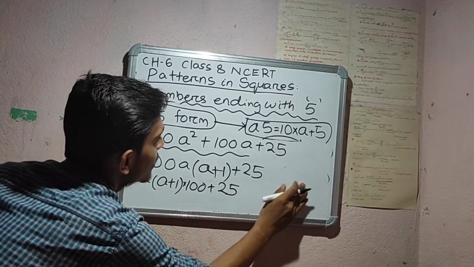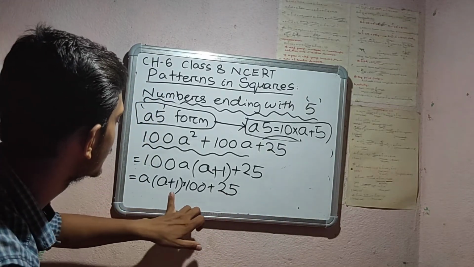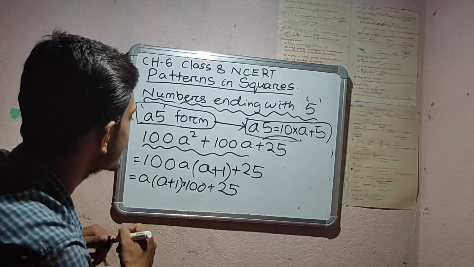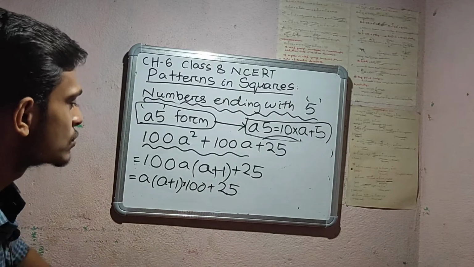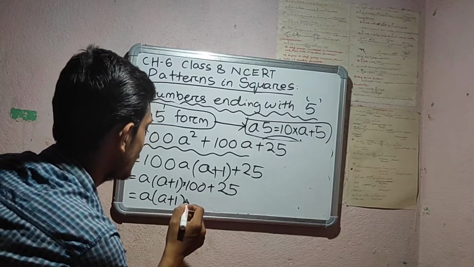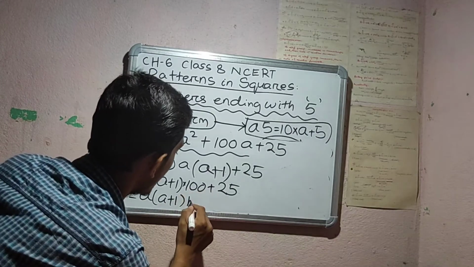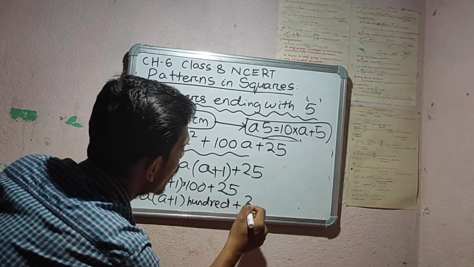It is also written. Okay, there is nothing wrong. This term I have taken to the left and 100 is multiplied. So when I write the statement, I have written 100 plus 25.